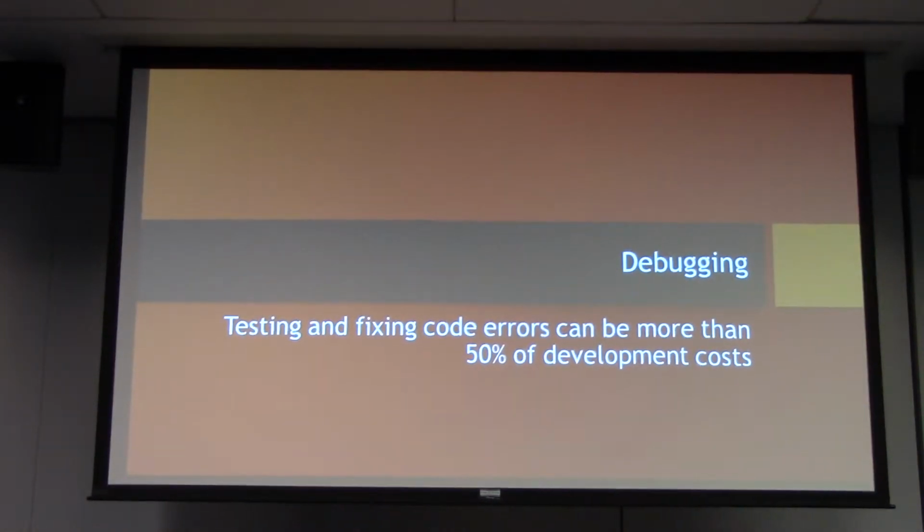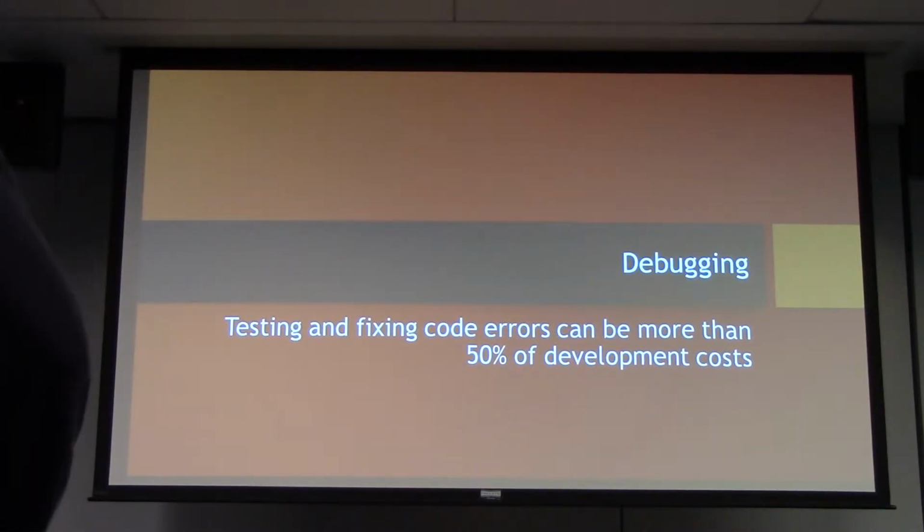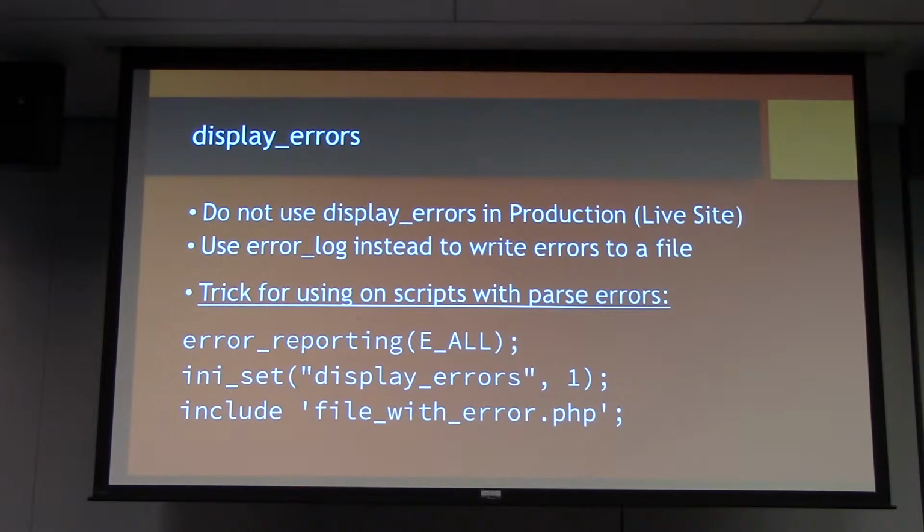There's all sorts of stats on how much time is spent on fixing your code or testing the code. Most numbers say at least 50% of your time is spent on testing and fixing problems. Display errors is something that you want to turn on in your development environment so that when there's a problem or a crash, it'll tell you what's wrong right in the browser window.